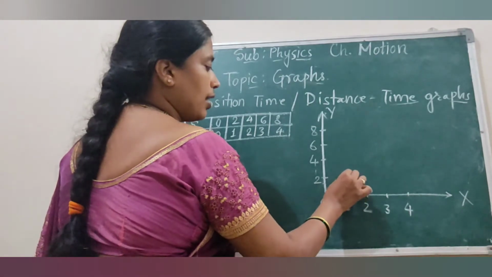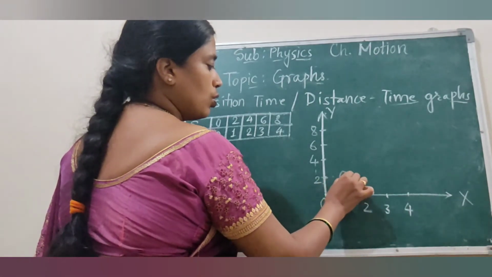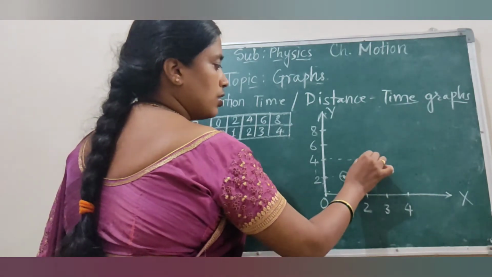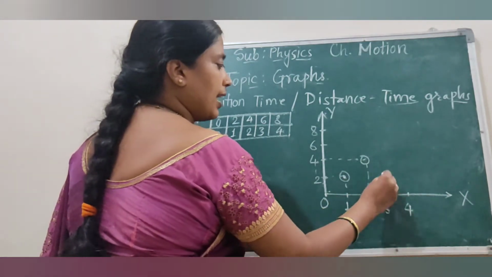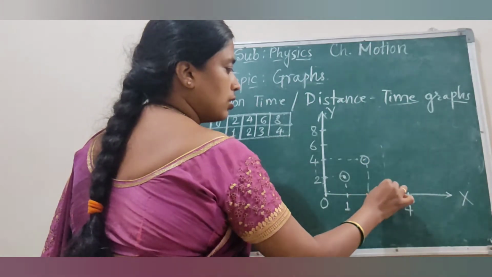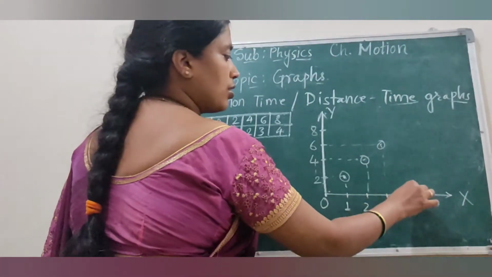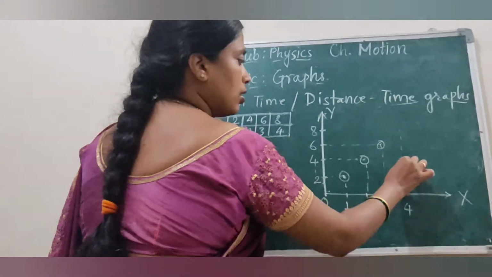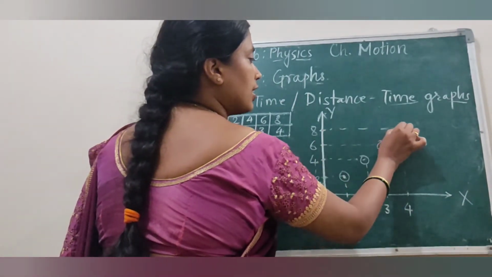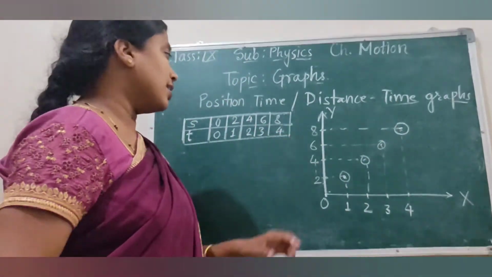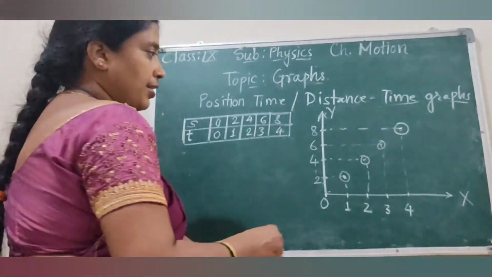So after 1 it is 2. Now this point is for second, again this point is for third, and after 4 seconds let us say the object covers a distance of 8.